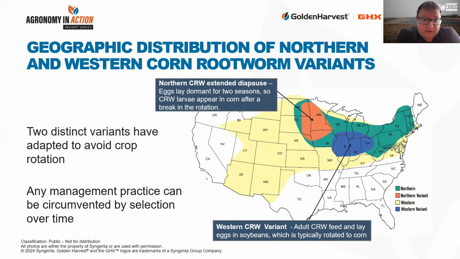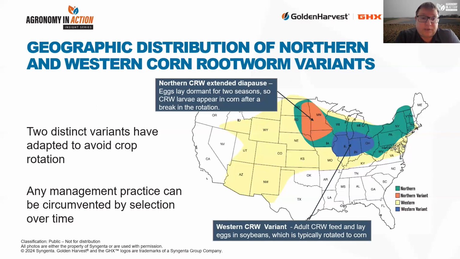As I mentioned, and as I think most of us know, there are two species of corn rootworm, but one of the more important things to understand at a high level is that not only are there two species that have slightly different but overlapping ranges, but both of these species have developed a variant that has effectively allowed them, in some cases where that variant populations exist, to overcome the primary method of corn rootworm management, and that is rotation out of corn.